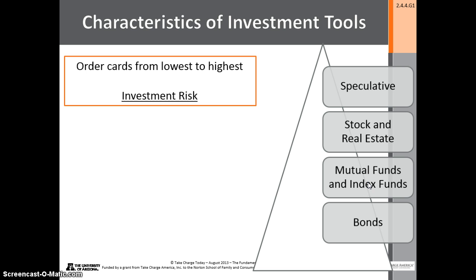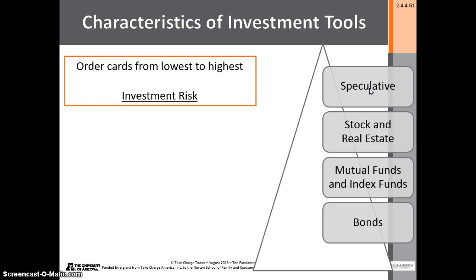The exact risk level varies depending on the type of investment. Mutual funds and index funds are typically lower because they include multiple investment tools. And then your highest risk would be speculative investments, and the returns will vary.